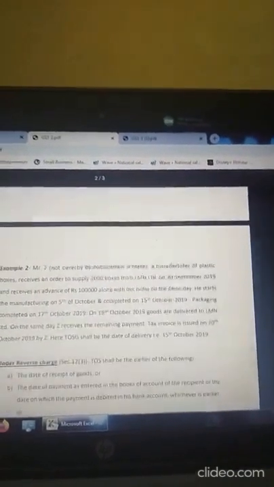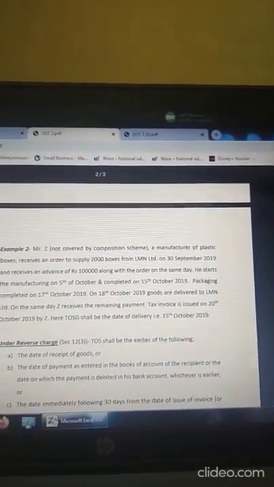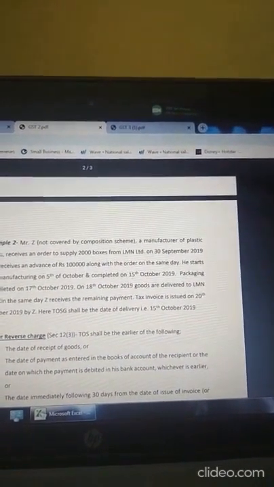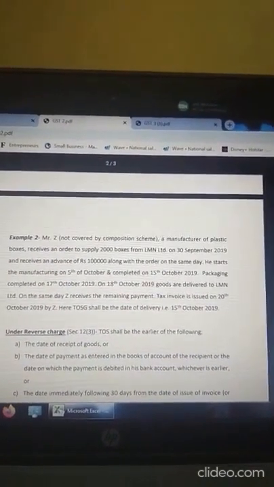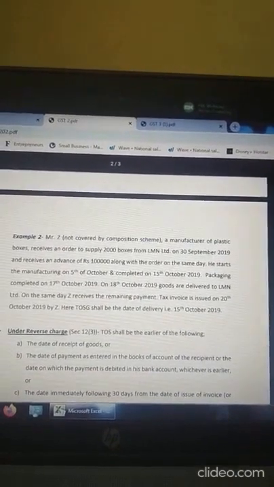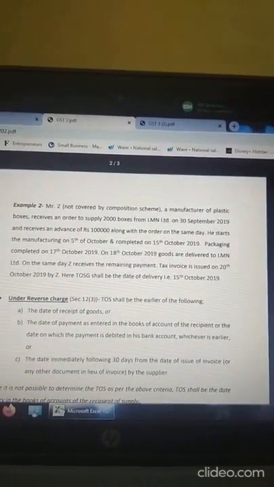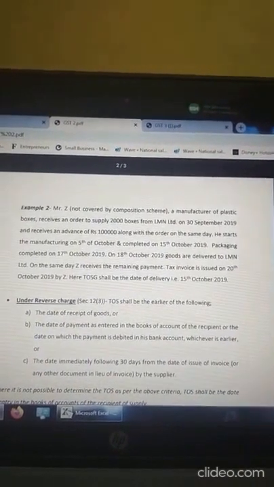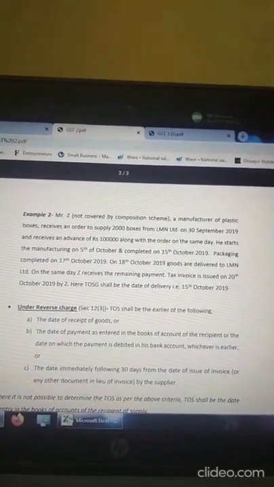We can understand this better with a second example. Mr. X, a manufacturer of plastic boxes, receives an order for supply of 2000 boxes from LMN Limited on September 30, 2019, and receives an advance of 10 lakh rupees along with the order on the same day.